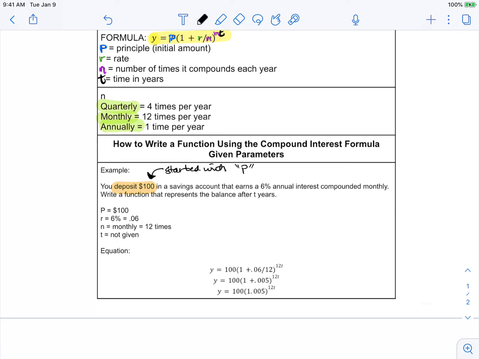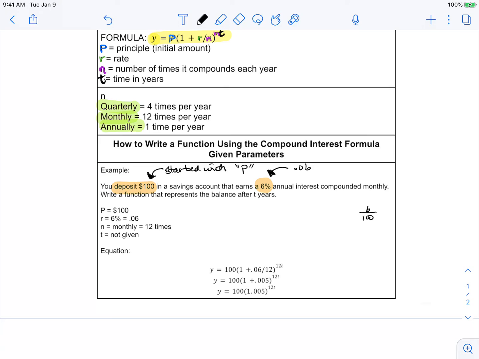And I know that it's got an interest rate of 6%. So this part right here, my 6%, I've got to put that into a decimal for math purposes. So that's 0.06. That's the same as 6% because 6 out of 100, right? 6% out of 100% is going to be 0.06.